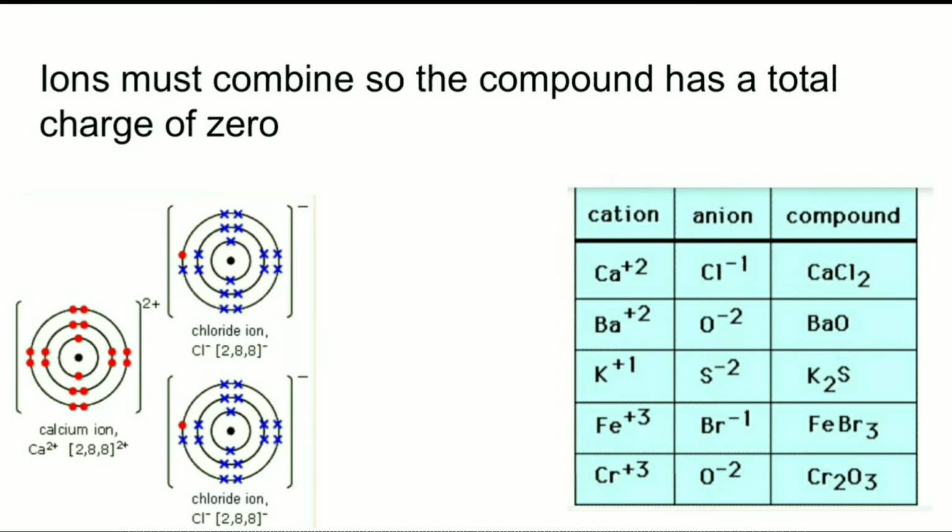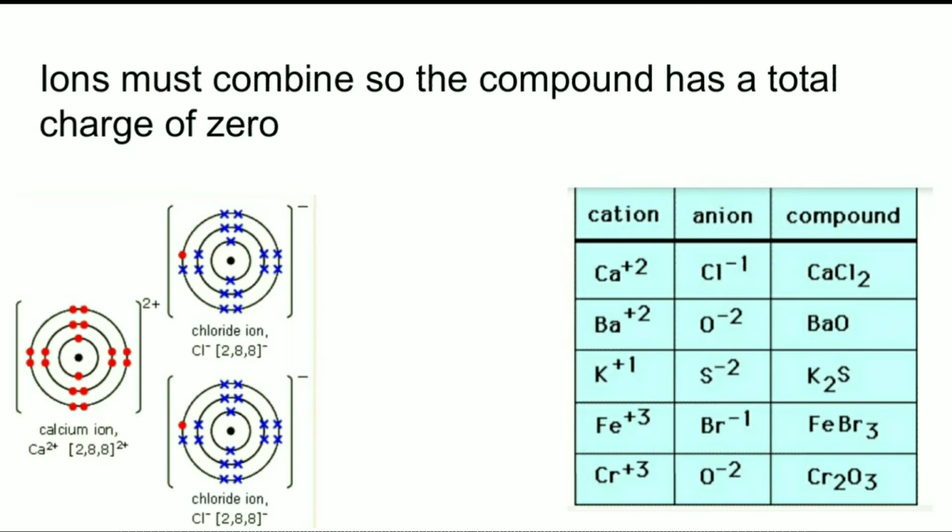When ions combine to form bonds, it is important to make sure that matter is not created or destroyed, that the number of electrons lost by the metal does not exceed the number of electrons gained by the nonmetal. So the total charge must be 0. Look at the first example, calcium chloride.